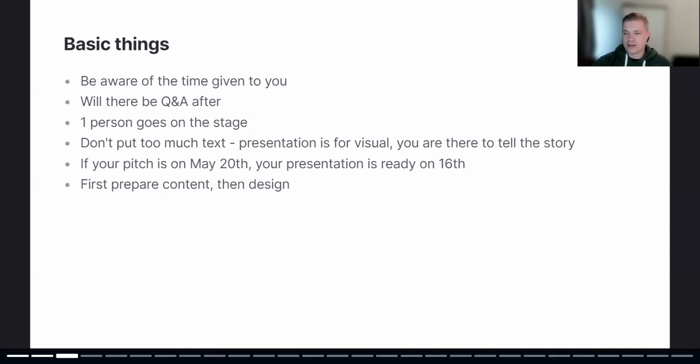And yeah, these are the basic things before we go through each of the slides. But the basic things that you should always remember and know before you are pitching is the time, how much time you are given to give this presentation.